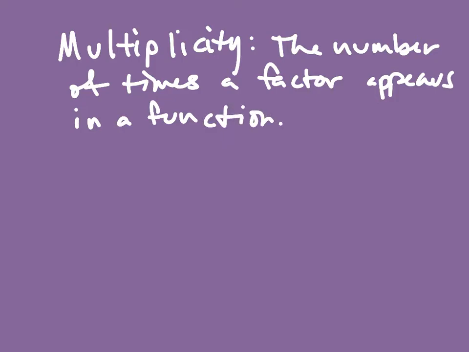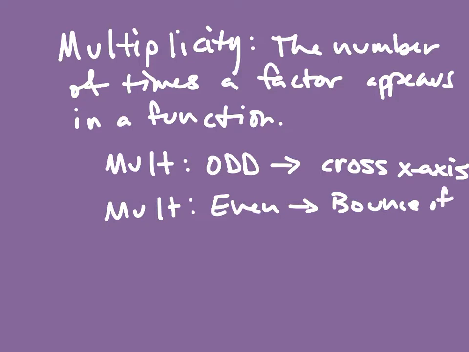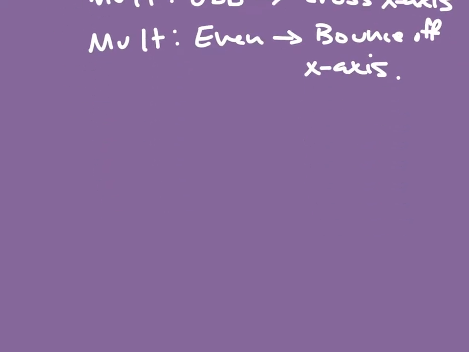If your multiplicity is odd, then you're going to be crossing the x-axis. If your multiplicity is even, then you're going to bounce off the x-axis.